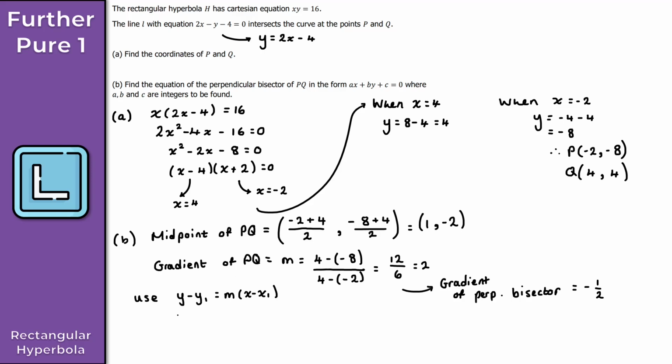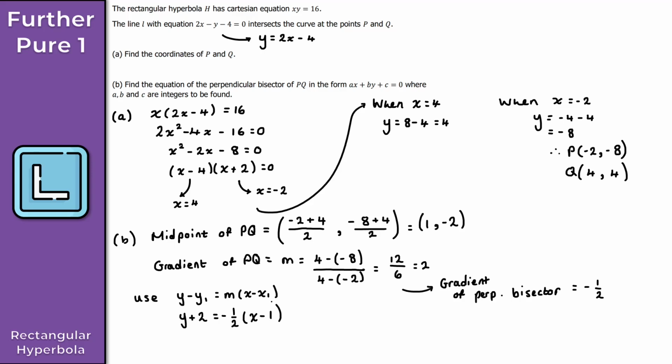Okay, so we get y minus minus 2, so that's just the same as y plus 2, is equal to m. So this is the value of m that we use here, the gradient of the perpendicular bisector, as opposed to the gradient of PQ. Okay, so just be careful with that. So minus a half times by x minus x1, which is 1.